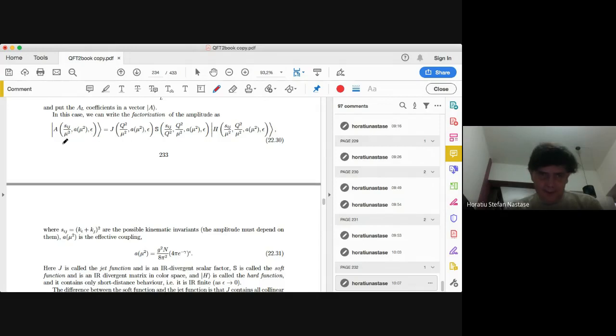So this amplitude is now split into three factors. There's a hard amplitude vector, H ket. There's a matrix S multiplying it, and a numerical factor, a number J, multiplying it as well.